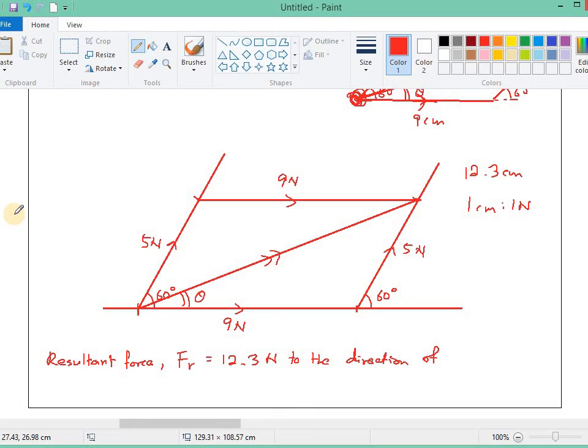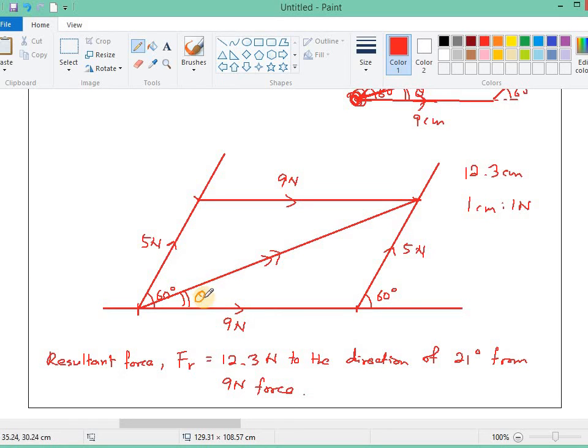Okay, to the direction of 21 degree from 9 Newton force. So that means this angle is measured from the 9 Newton force.